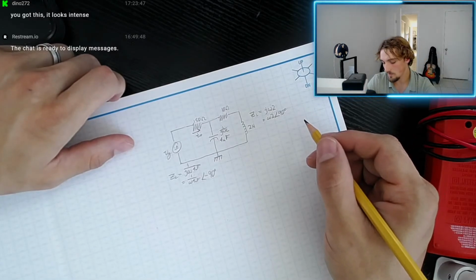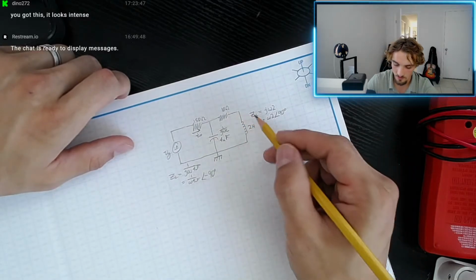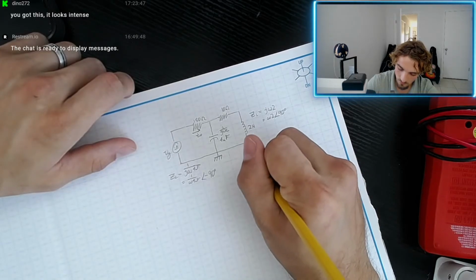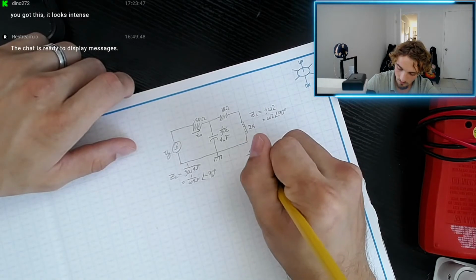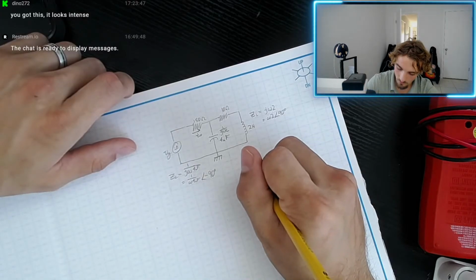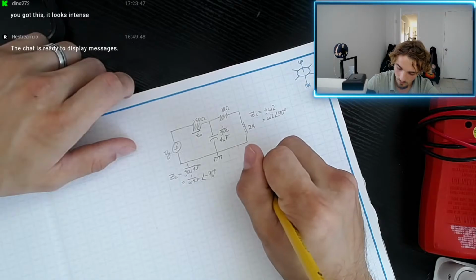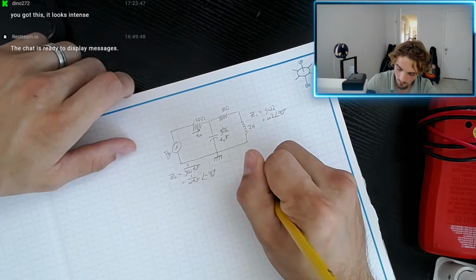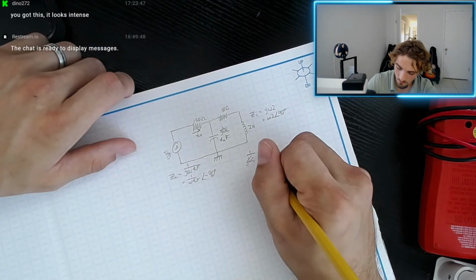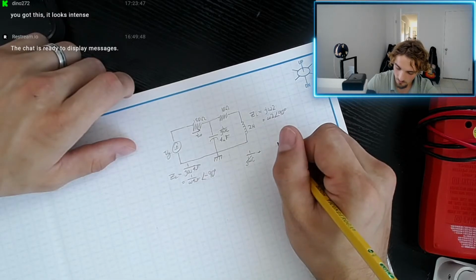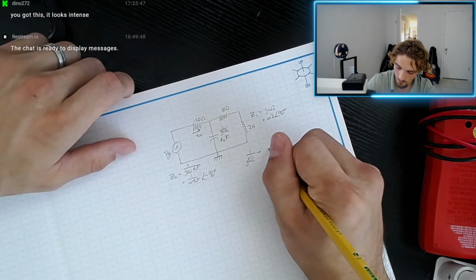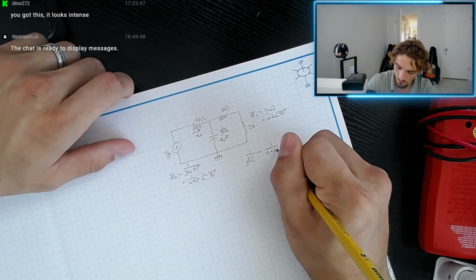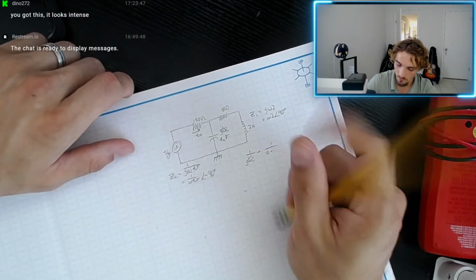Still, what's the purpose of this now? Because we have addition, so we just need that. So it'd be 1 over J omega C plus 1 divided by 10 plus omega 2J, or J omega 2.